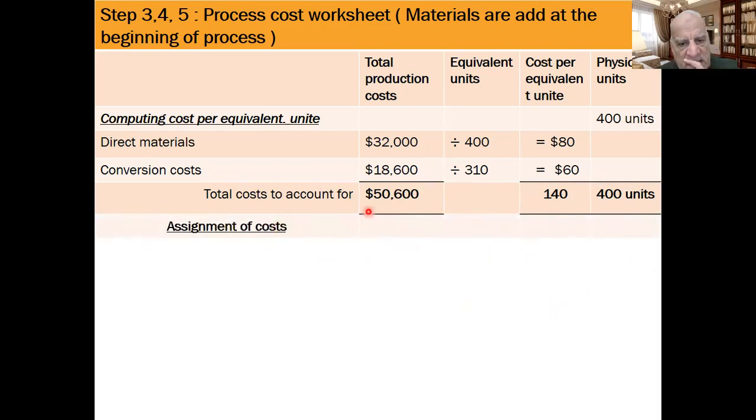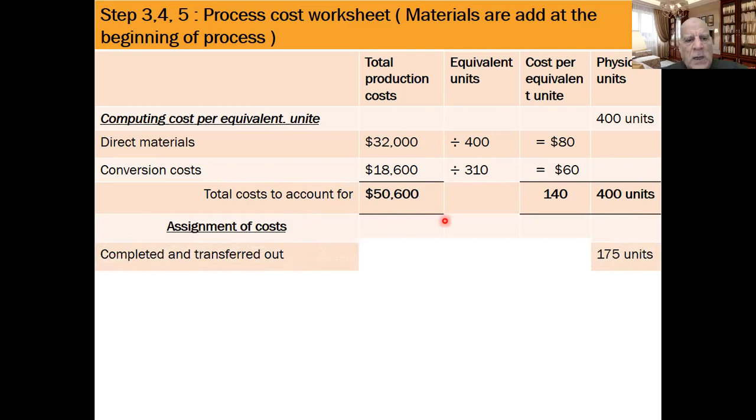Assignment of these total costs. These costs will be assigned to completed and transferred out units, first group. Then will be assigned also to uncompleted work in process at the end of the period.